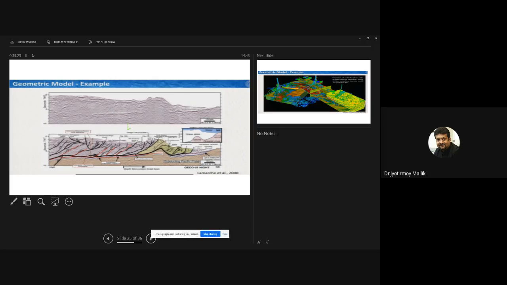The one that you are observing here is an uninterpreted seismic section that is produced by all sorts of processing steps that we have talked about. You remember the move out corrections, the migration and everything, after acquisition of the seismic data. And then the final step is interpretation. So seismic interpretation is nothing but geometrical modeling.